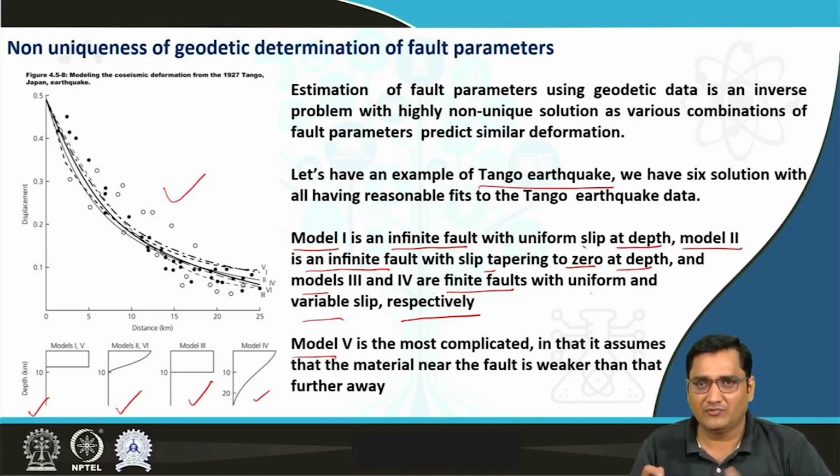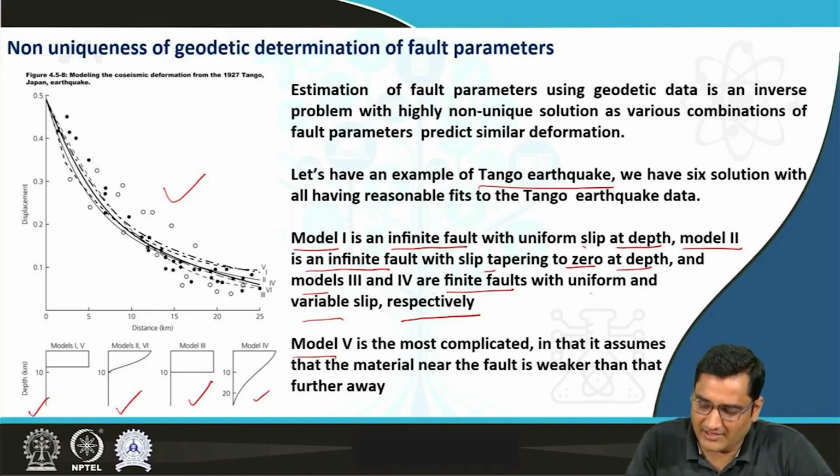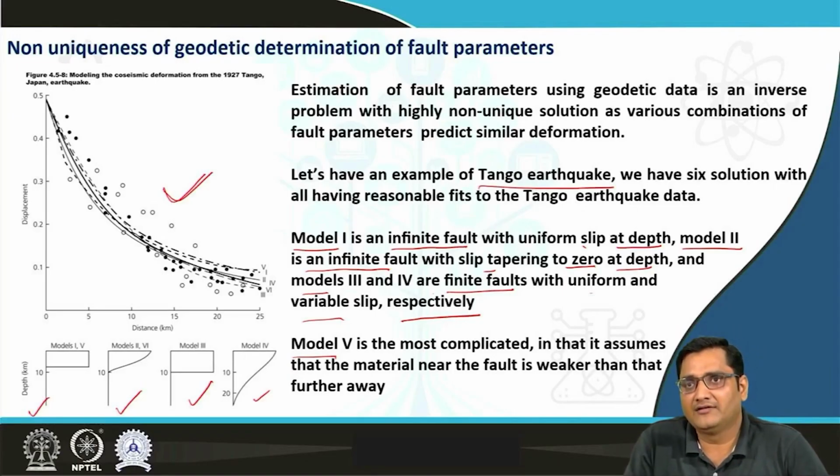All these models are able to predict similar deformation, and we don't know which one is the correct model. This is called non-uniqueness. Although geodetic data can be used to find the fault parameters, if you use these data in conjunction with some other data, you may possibly get a relatively better solution than the non-unique one.